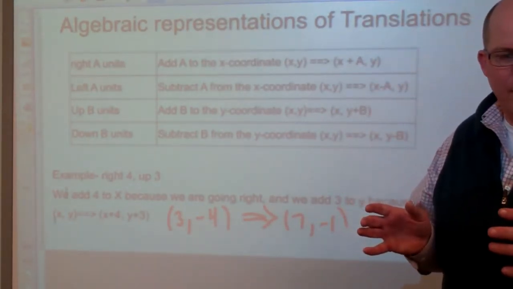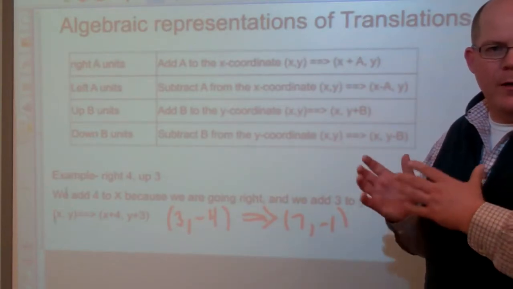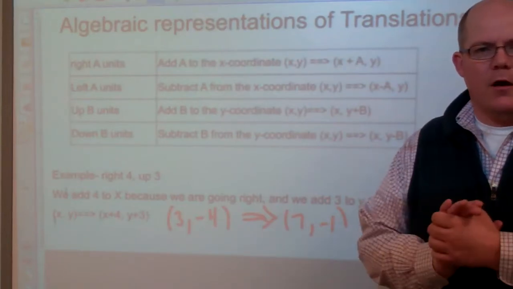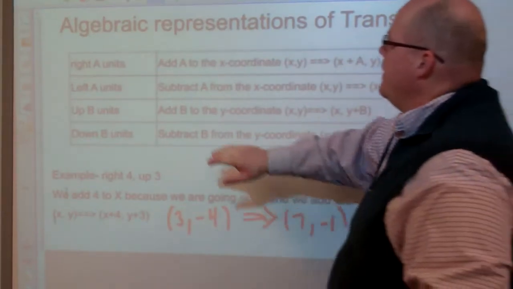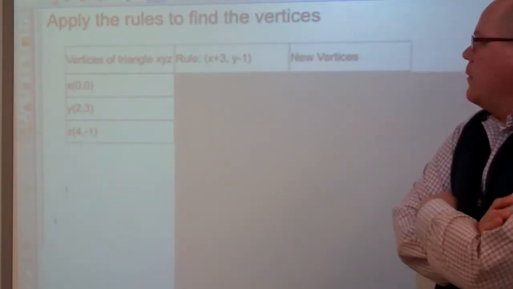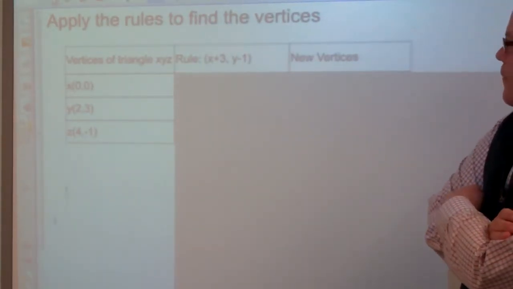Next, I'm going to have you guys do a little bit of practice. So you're going to draw the table. I'm going to give you the rule, and then we're going to pause the video so that you can have time to complete the rest of the table. And then Mr. Collins will go over the answers with you. So let's go ahead and in your notebook, let's title it Apply the Rules to Find the Vertices.